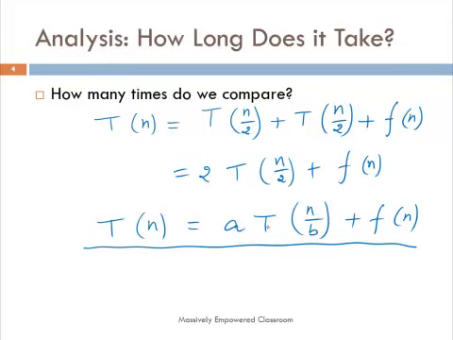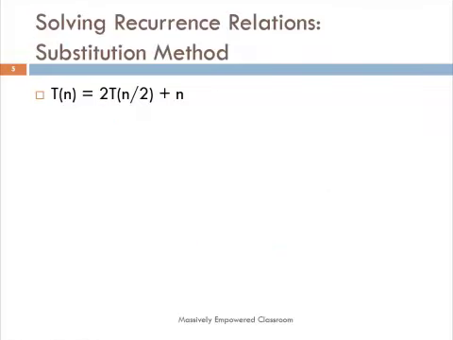So in this case, we are dividing the problem into size n divided by b, and we get a such things. So it's a times t n by b plus f of n. Here again, we are assuming that each of the subproblems is of the same size. In general, divide and conquer can also divide a problem into subproblems of unequal sizes, but we will consider only this case of equal size subproblems.